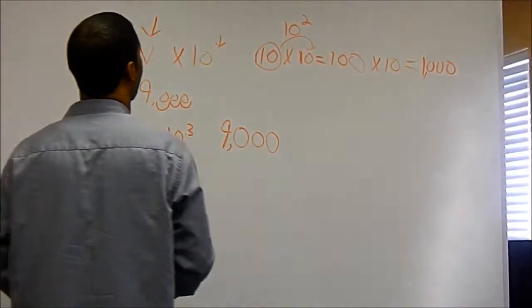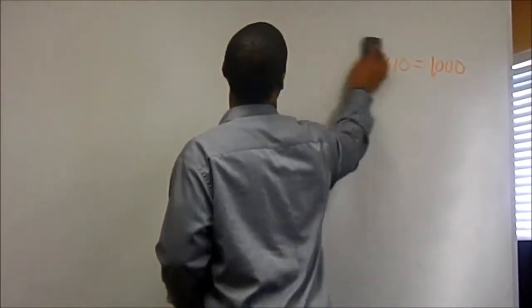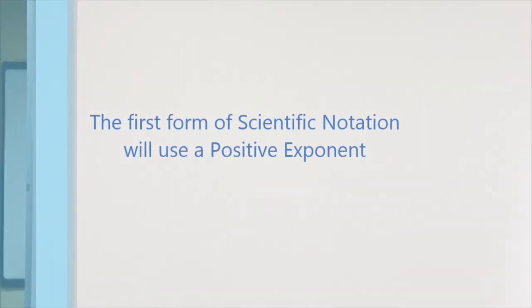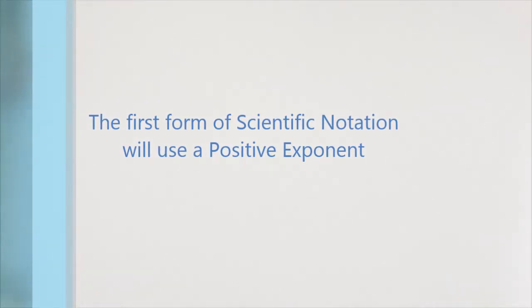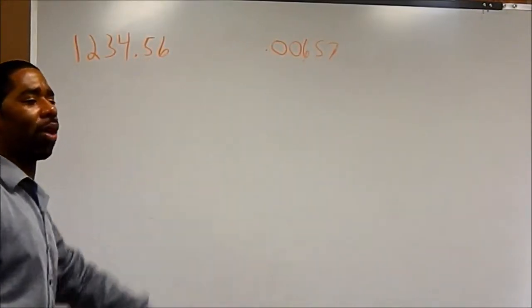Let's talk about the different types of problems that you can see on the test when it comes to scientific notation. The first one you can see will deal with a positive exponent. In this number, 1,234.56, how would we say this?